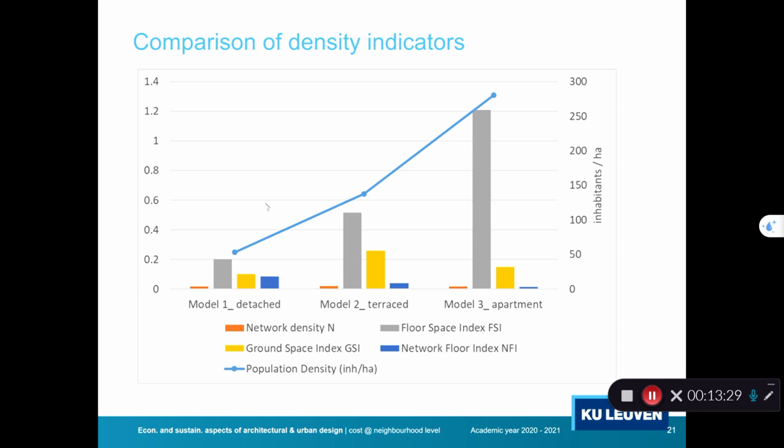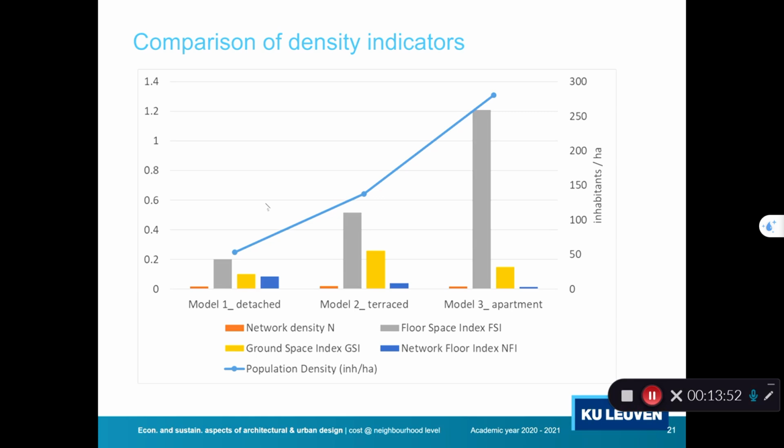What we can see if we compare the three neighborhoods, so a detached neighborhood, the neighborhood with the terraced buildings and the neighborhood with the apartments, is that we see quite some differences in the different density parameters. So first thing that we clearly see is that the population density and the floor space index follow the same trend.